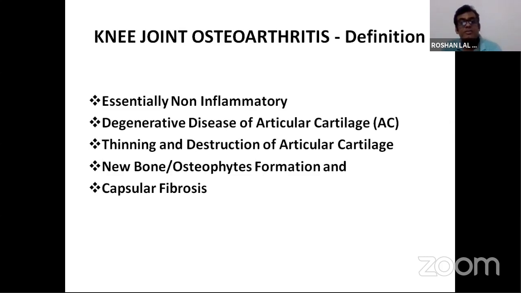Now we can define osteoarthrosis or osteoarthritis as an essentially non-inflammatory degenerative disease of the articular cartilage, which is characterized by thinning and destruction of articular cartilage, new bone formation, and capsular fibrosis.